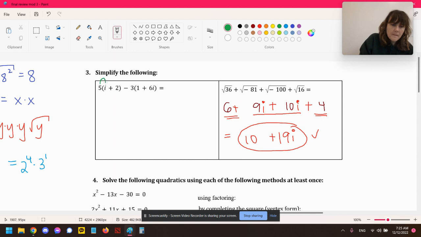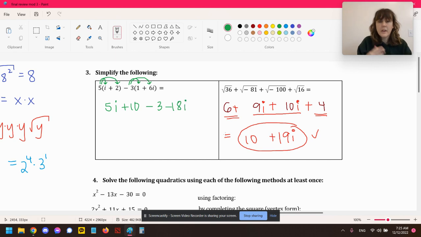Here, this should remind you again of your Module 1 review packet, where we're simplifying and expanding terms and expressions. So this is 5 times a bunch of stuff in parentheses, so we just multiply 5 times everything in parentheses. This is negative 3 times a bunch of stuff in parentheses, so we multiply negative 3 by everything in the parentheses.